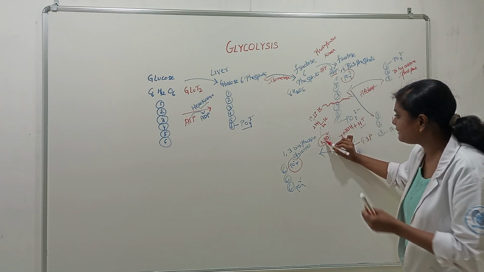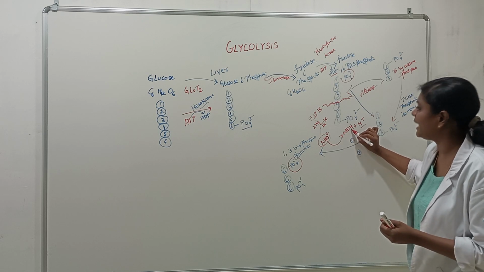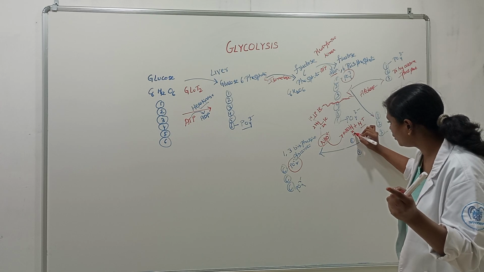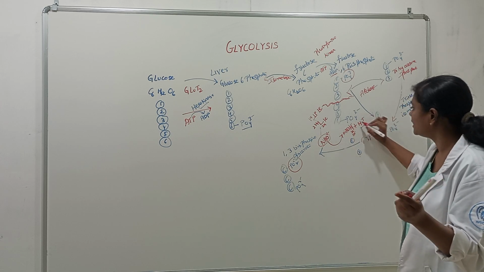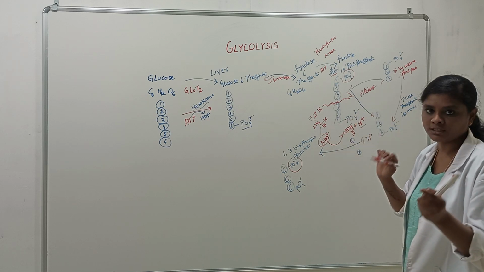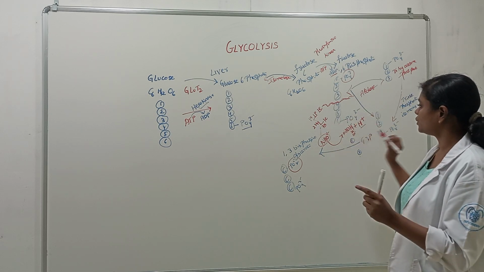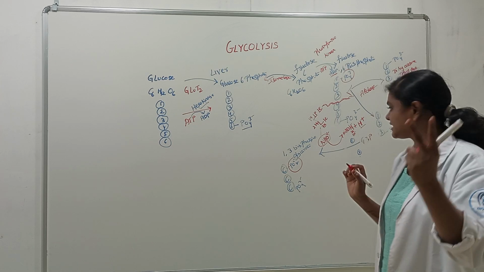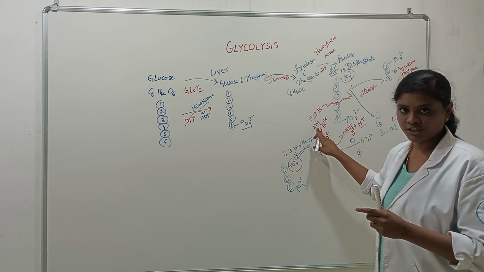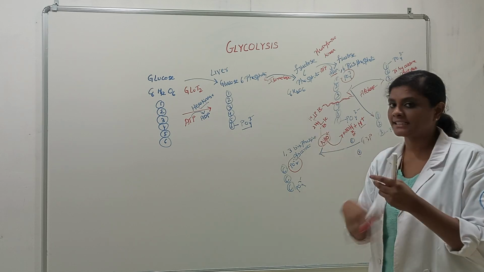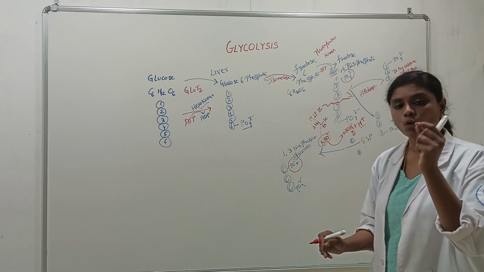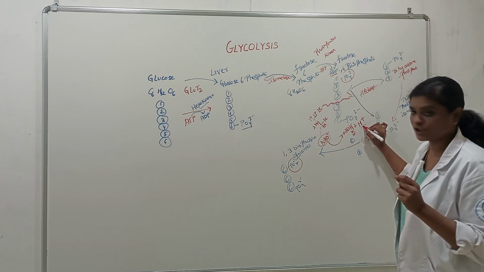That's why NAD plus is getting converted into NADH with 2 electrons and 1 proton, leaving behind the extra proton from the second hydrogen atom. So there are 2 hydrogen atoms taken up by 1 NAD plus. From the first hydrogen it takes up both electron and proton, and from the second hydrogen it takes up only the electron, leaving the H plus.